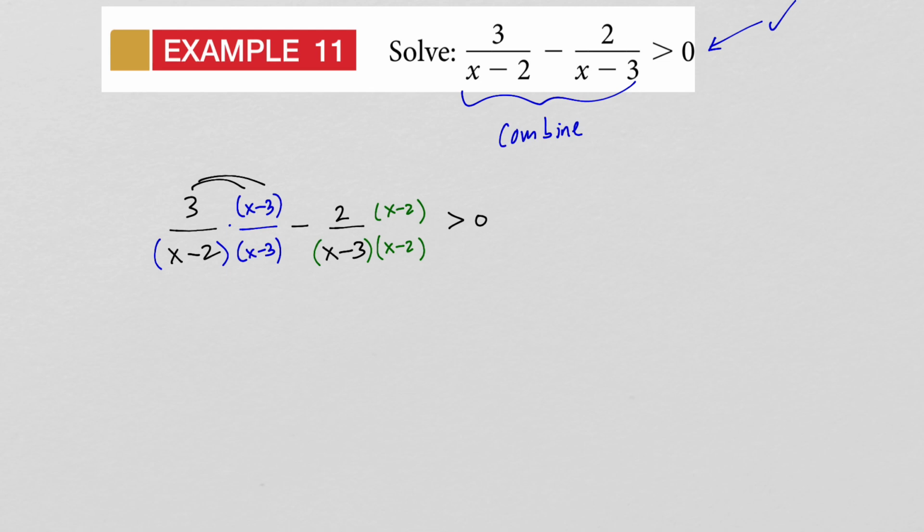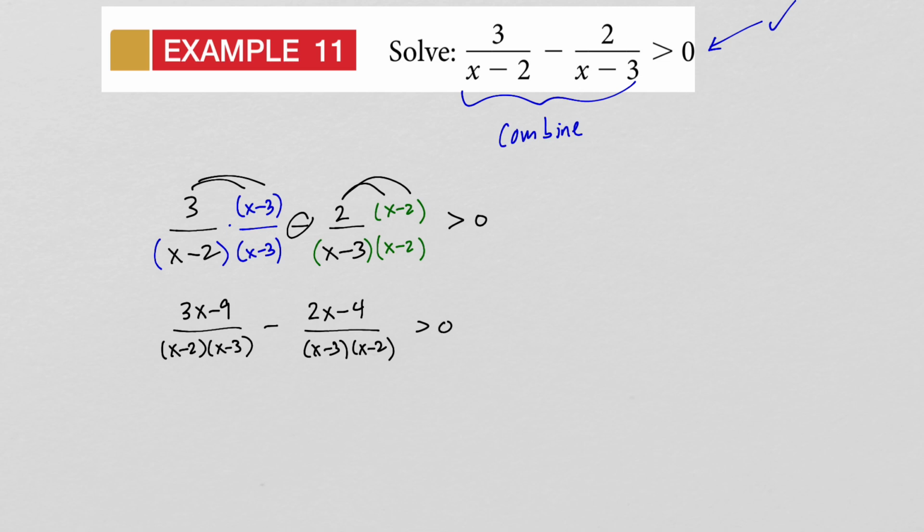Next, I'm going to multiply out the numerator here. That's 3x minus 9 over x minus 2 times x minus 3. Now, for the second one here, you got to be a little bit careful. You have a minus sign here. I'm going to distribute only the 2 at first. So I have 2x minus 4 on top. Denominator, of course, is the common denominator.